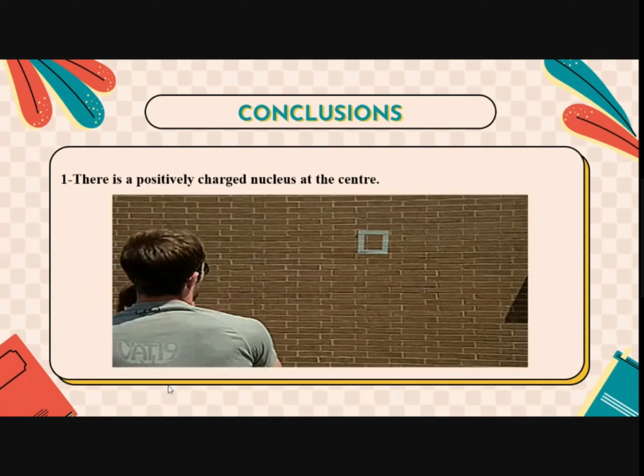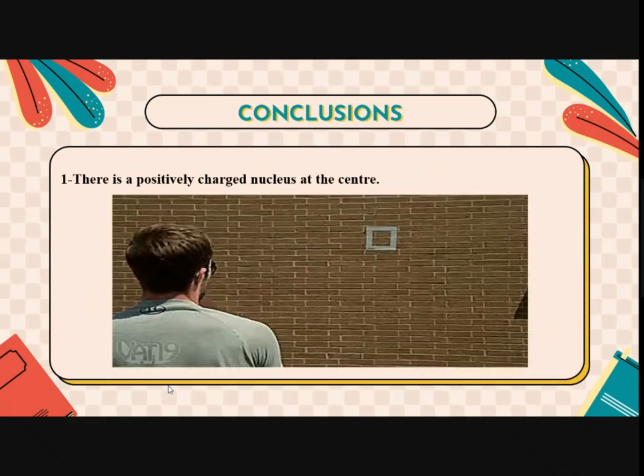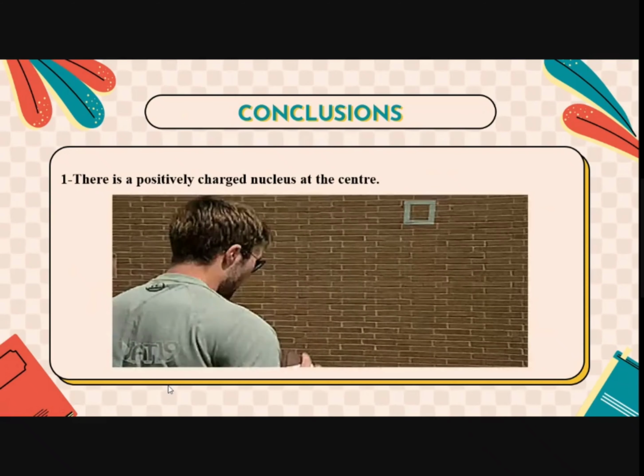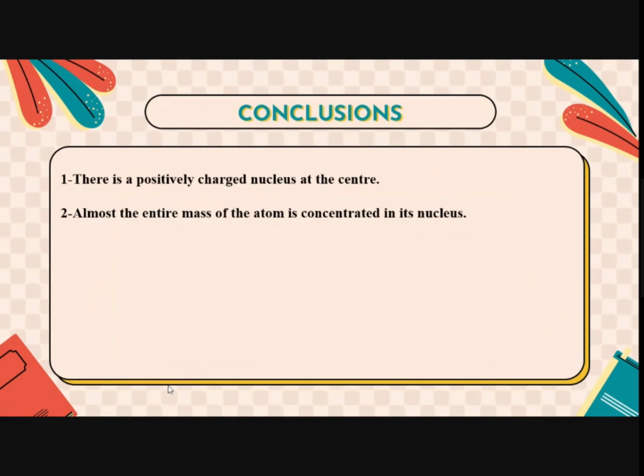So if I throw a smaller or a lighter object onto a heavier object, the lighter object will bounce back. Am I right? Yes. So it bounced back because the heavier object is heavy enough that the lighter object doesn't have any effect on it. So that is why he came up with the second conclusion that almost the entire mass of the atom is concentrated in its nucleus.